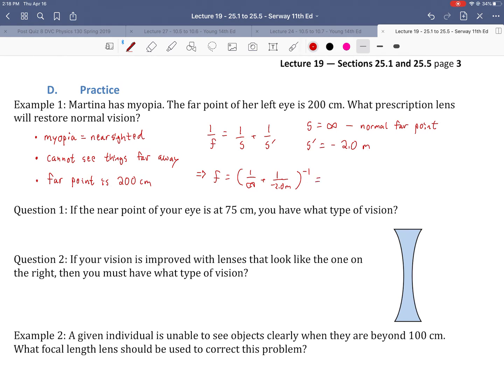Excuse me, that would be 1 over f. I'm going to go ahead and calculate it. Seems like it should just be negative 2. Let's see. Of course, it is negative 2. So it's negative 2 meters. Okay, so that's our focal length.